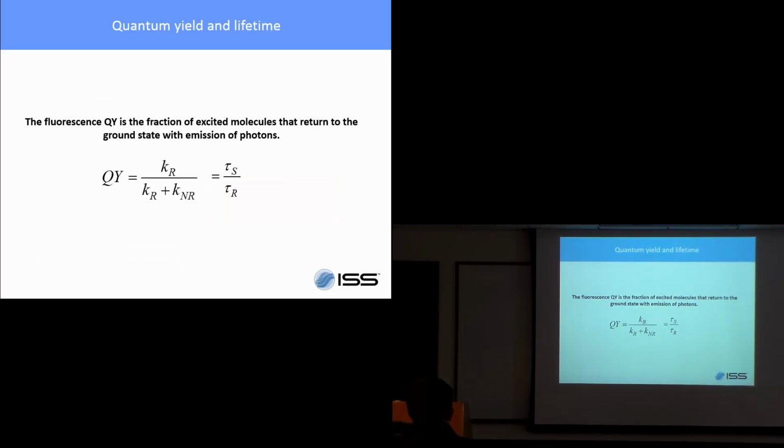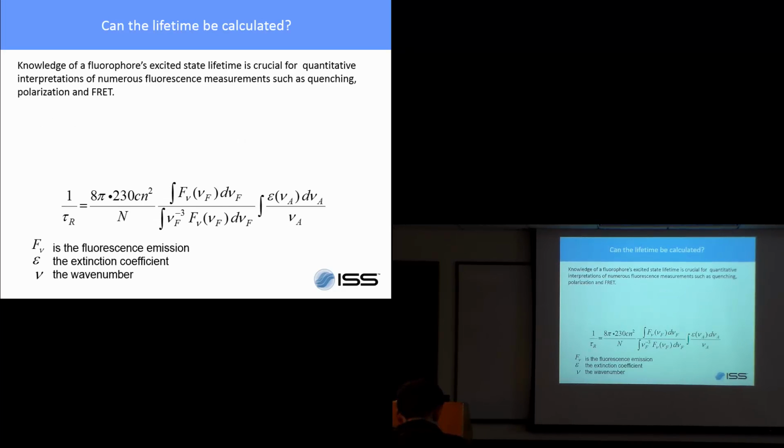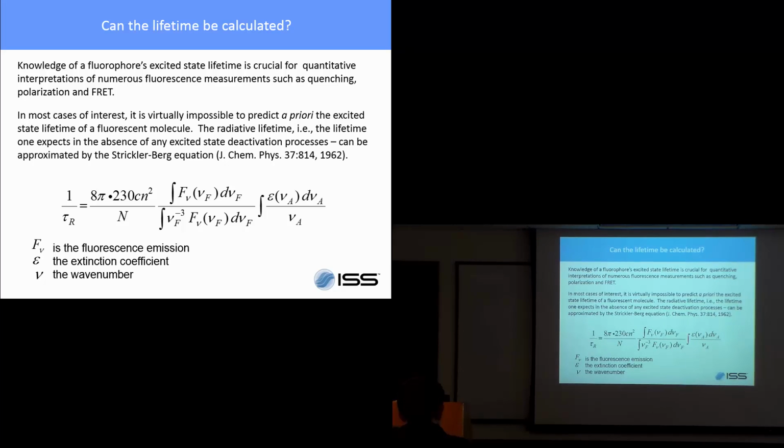Now, if we go back to the definition of the quantum yield, we can define the quantum yield in terms of decay times. This is the radiative, and this is the natural decay time. The lifetime can also be calculated, and in fact, back in the 60s, Strickler and Berg came up with an equation to calculate the lifetime of a single exponential decay.